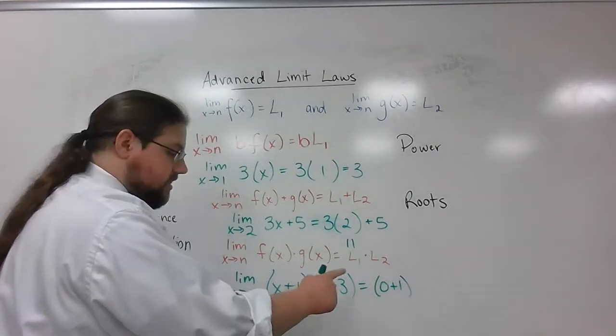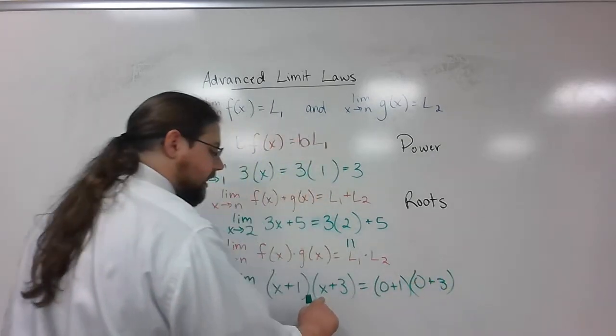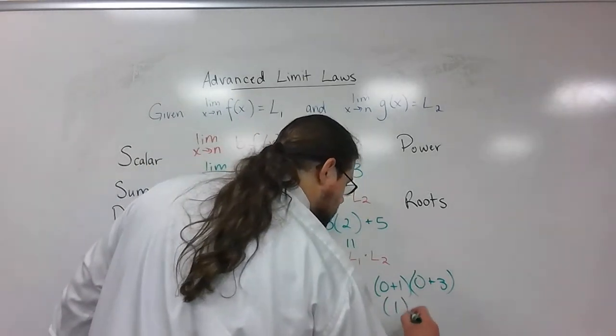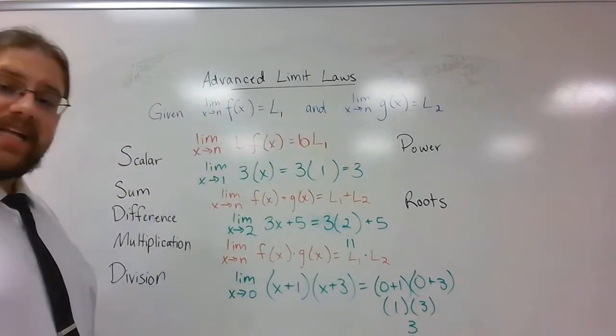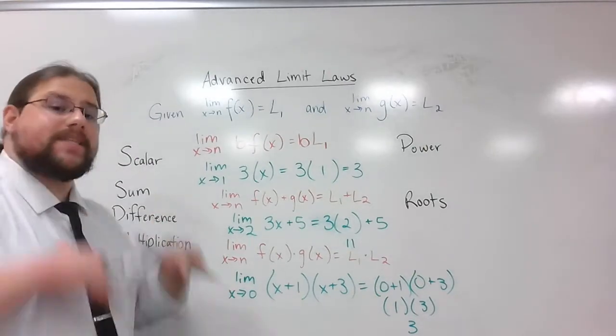Limit of a constant is just that number. I can multiply that by 0 plus 3. So 0 plus 1 is 1. 0 plus 3 is 3. All I got to do is multiply them together. I get 3. So that's the thing, when I'm doing these, I can actually perform the operation on the limits and it still works.